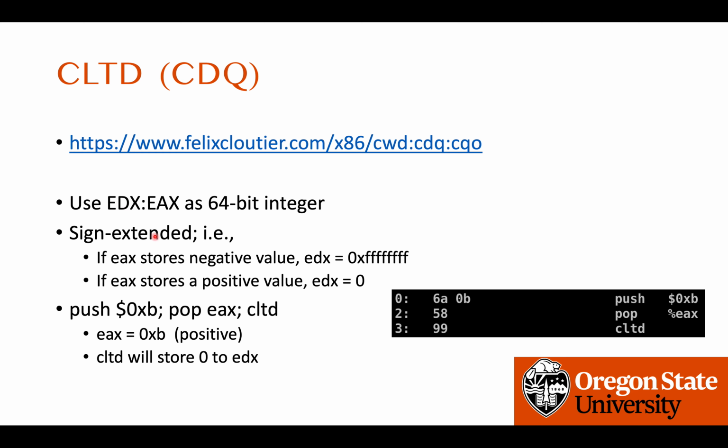In doing that, the interesting thing is that Intel CPUs represent negative values using 2's complement, and a negative value starts with the sign bit, which is the top bit of the integer, as a 1.